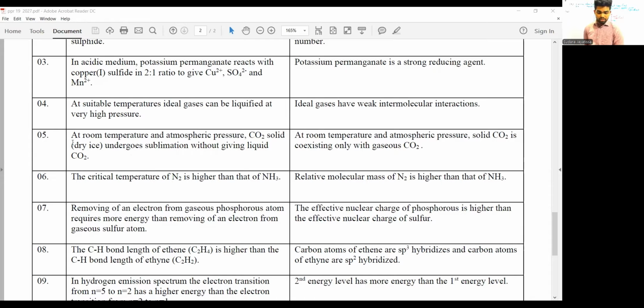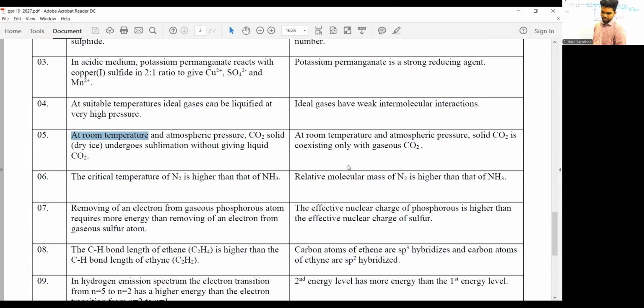So the problem is I added both conditions, room temperature and atmospheric pressure. If I say only room temperature, or only atmospheric pressure, this is enough. I think the better one to keep is atmospheric pressure. So let's erase room temperature. Then under atmospheric pressure, carbon dioxide undergoes only sublimation without giving a liquid.